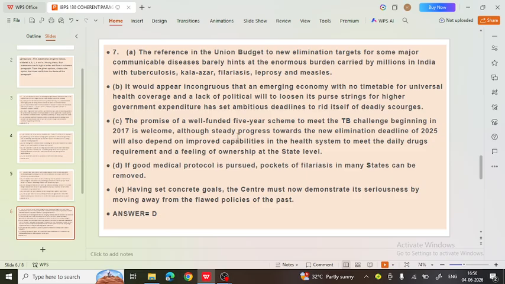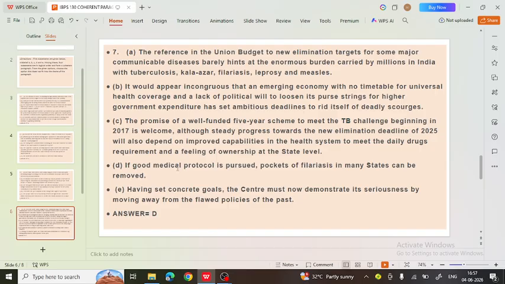Although steady progress towards the new elimination deadline of 2025 will also depend on improved capability in the health system to meet the daily drug requirement and a feeling of ownership at the state level.